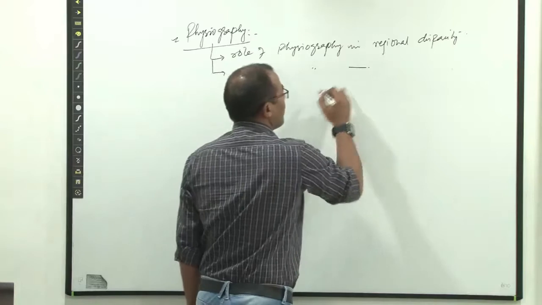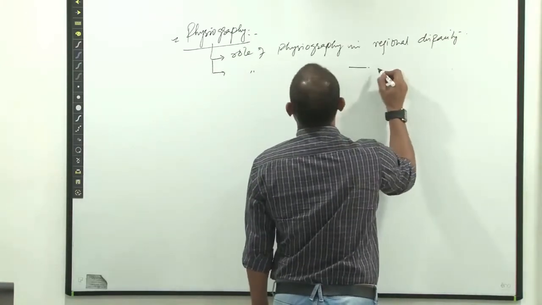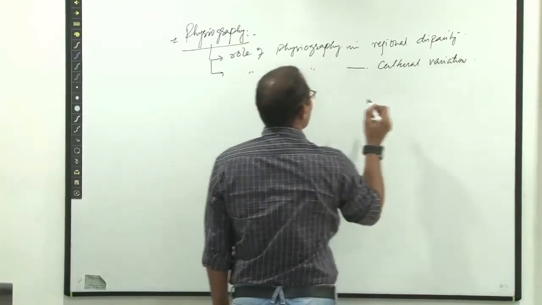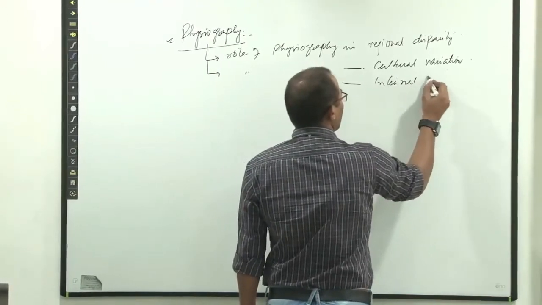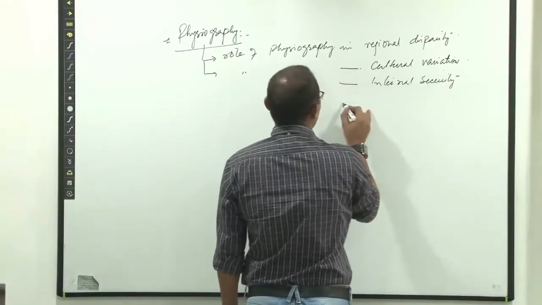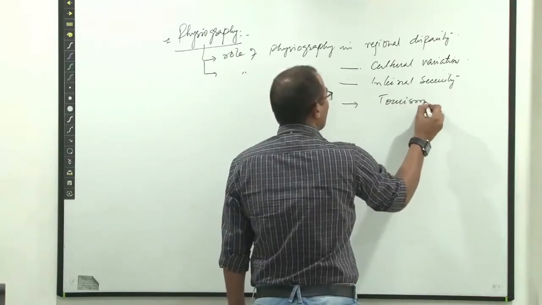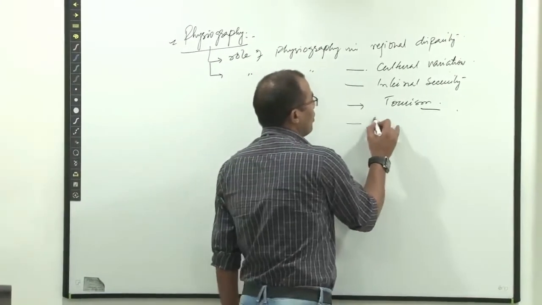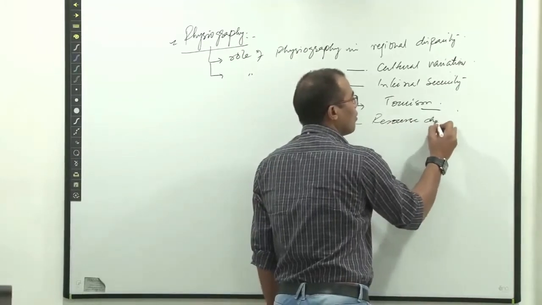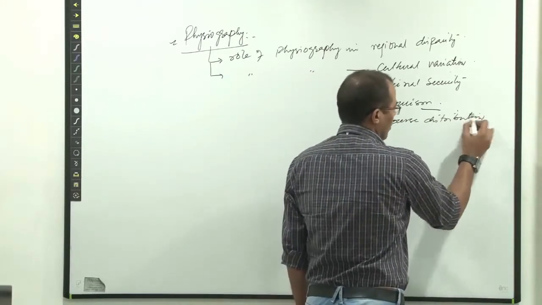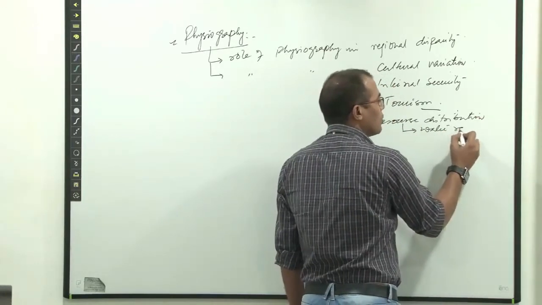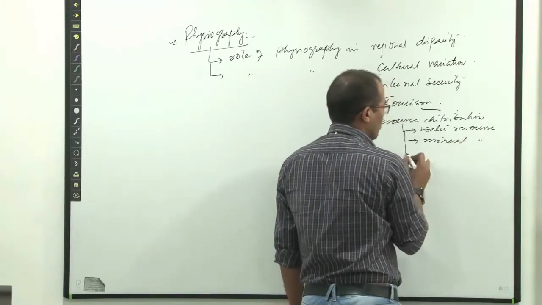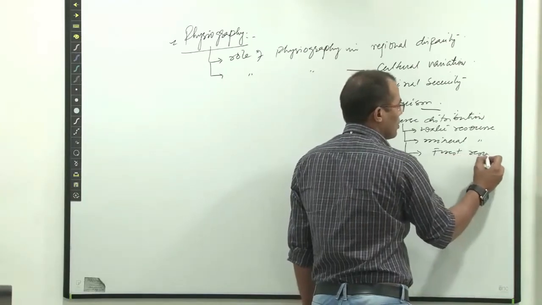Role of physiography in cultural variation, its impact on internal security, its impact on tourism, resource distribution, water resource, mineral resource, forest resource.